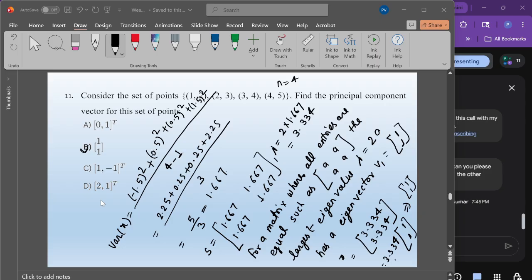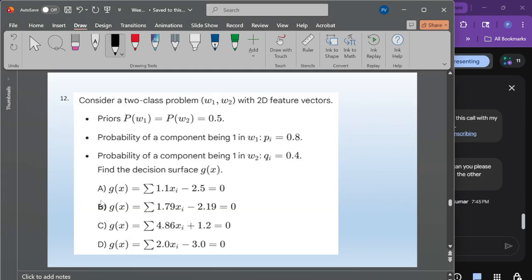Okay, so now moving to our next question. Consider a two-class problem, omega 1 and omega 2, with 2D feature vectors. The prior probabilities of omega 1 and omega 2 are both 0.5, the probability of a component being 1 in omega 1, that is pi, is 0.8, and the probability of a component being 1 in omega 2, that is qi, is 0.4.